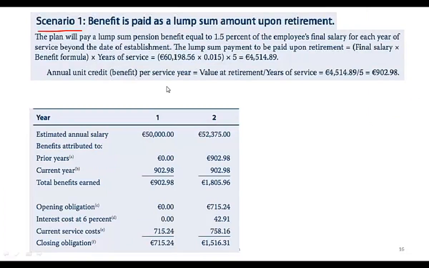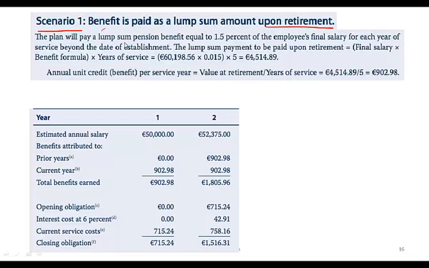Now we are going to look at 4 scenarios, and the 4 scenarios represent 4 different kinds of pension benefit that the company will give out. In scenario 1, the benefit is paid as a lump sum amount upon retirement.